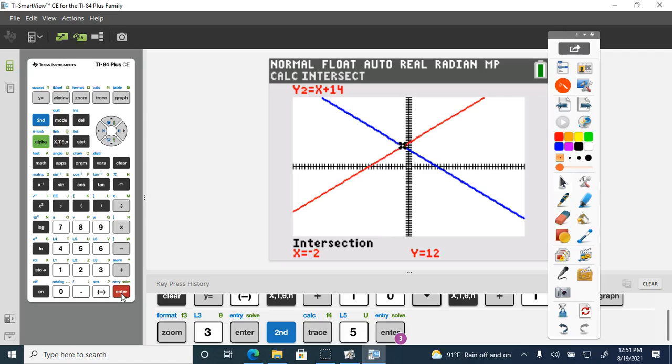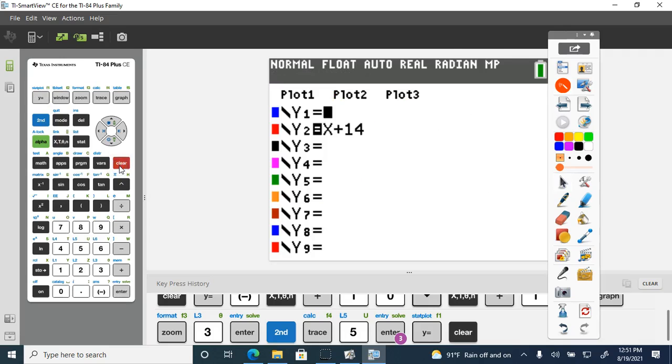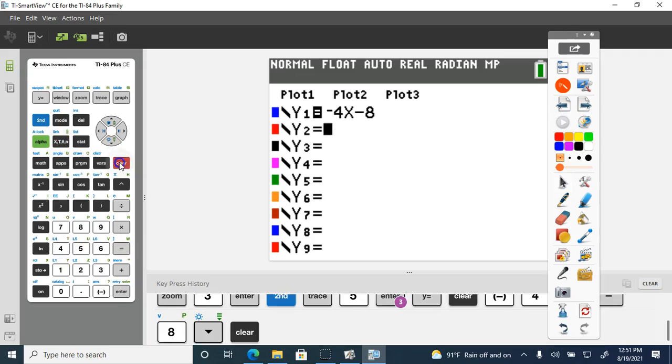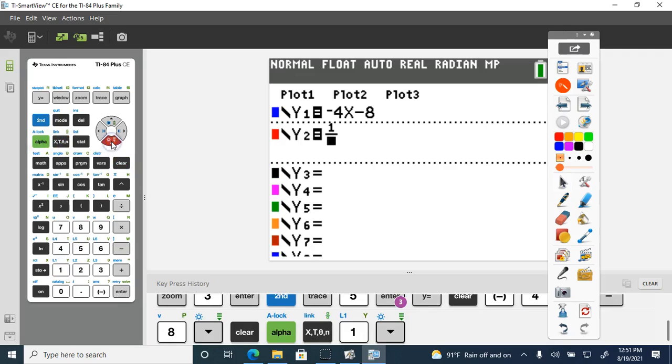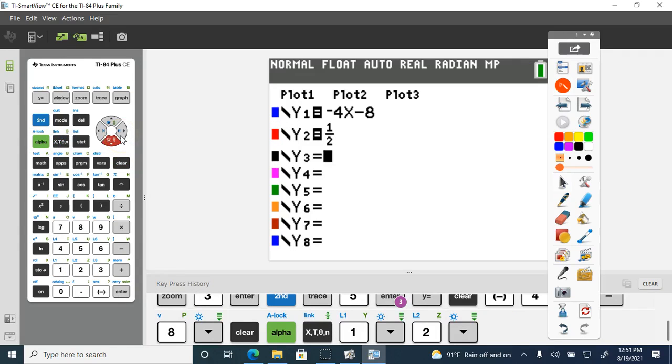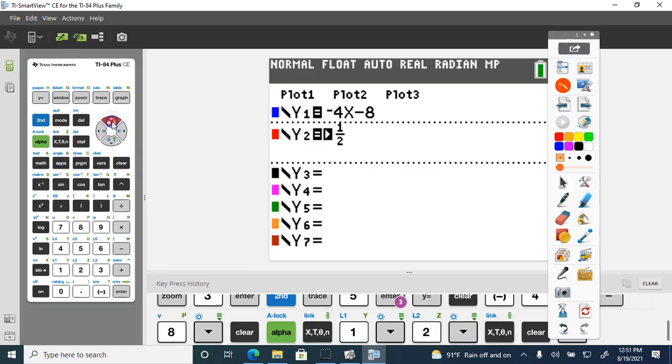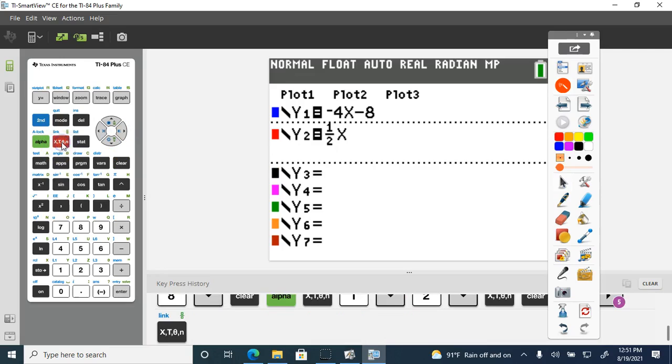How about 6? Can we use our calculator on 6? Or what is it, 5? Excuse me. Can we use it on 5 as well? Yes. So what's my equation on 5? -4x minus 8. And 1/2 x plus 1.